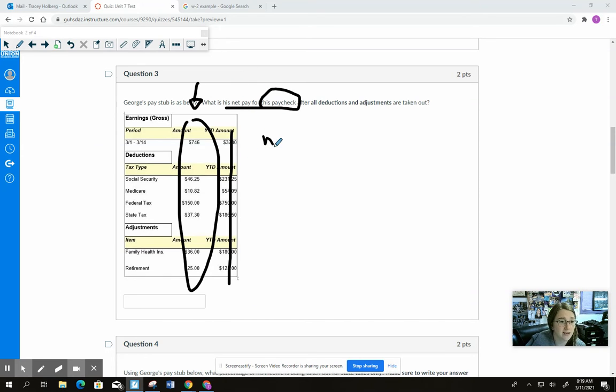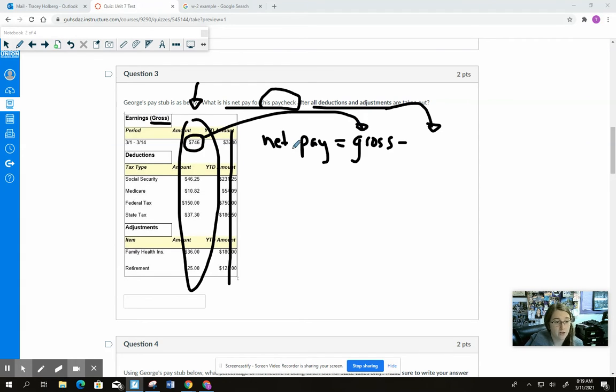So net pay, here's what you should have in your notes. If you had done the review, net pay is your gross pay minus all of this stuff. So what you wanted to do was figure out what the gross pay was. Now, I know it doesn't say pay or income, but gross earnings. This was the gross pay.